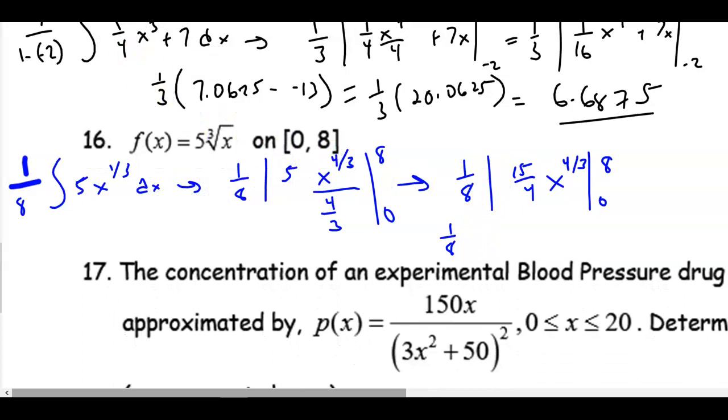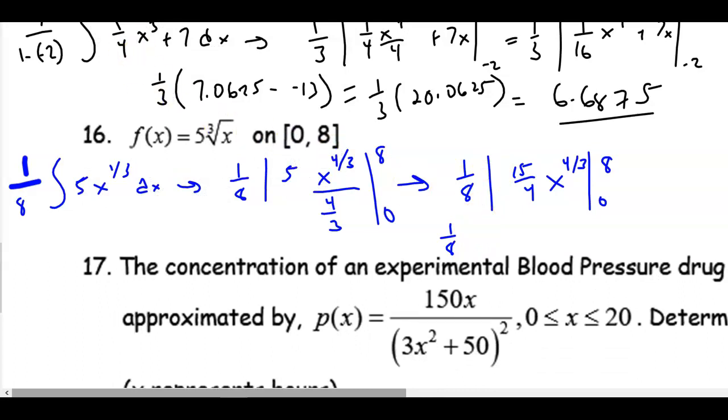Whoa, didn't mean to do that. Thought I was still on my pen. Anyway, 8 was 60. And minus 0, which is just 1/8, times 60. And that is going to be 7.5. So 7.5.